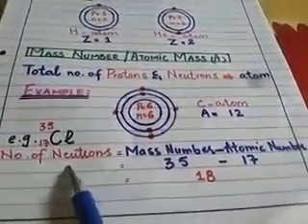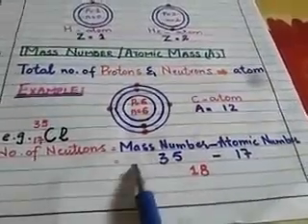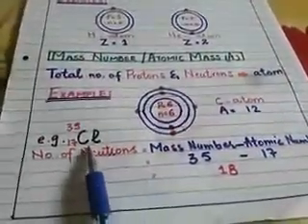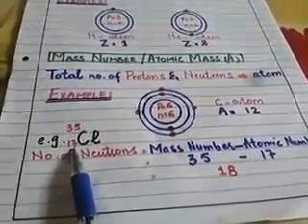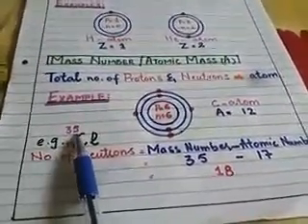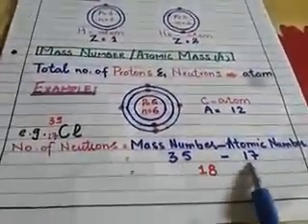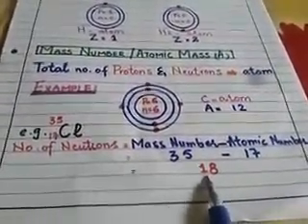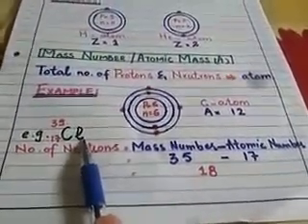So number of neutrons is equal to mass number minus atomic number. Taking the example of chlorine atom, you can see that chlorine has atomic number 17 and its mass number is 35. So by subtracting 17 from 35, we get 18, which is the number of neutrons present in the chlorine atom.